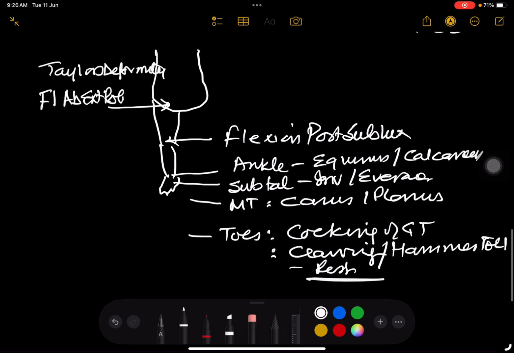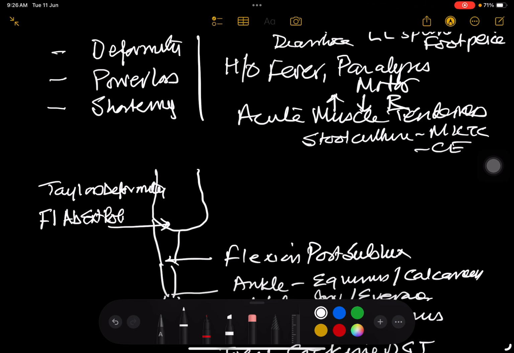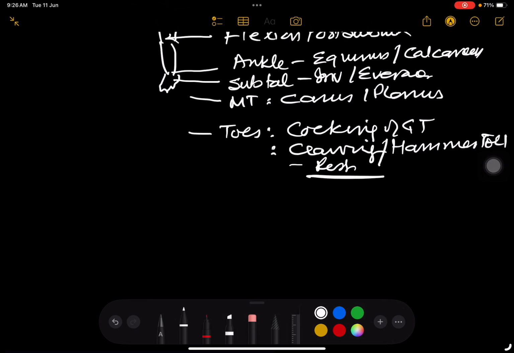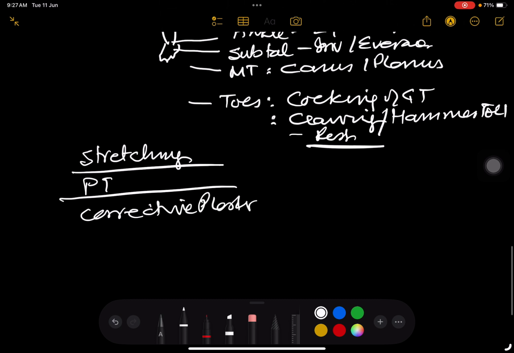Right? So these are the deformities that you encounter, and they are prevented in this manner. So how do you manage the deformities? The first thing is stretching, physiotherapy, corrective plaster, orthotic devices.